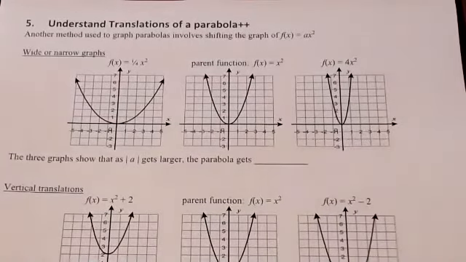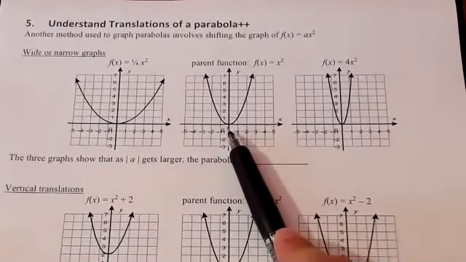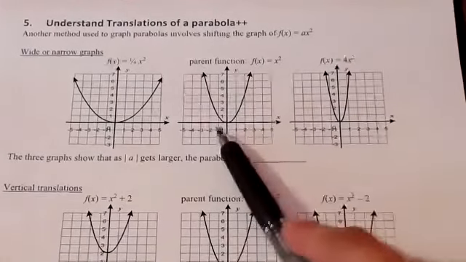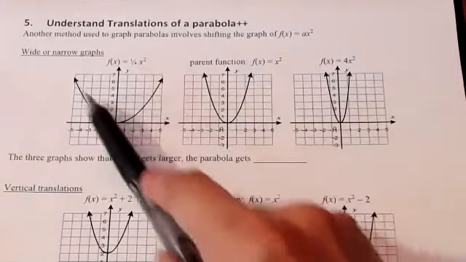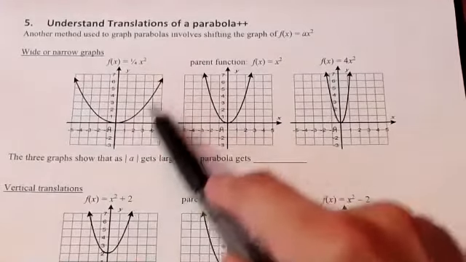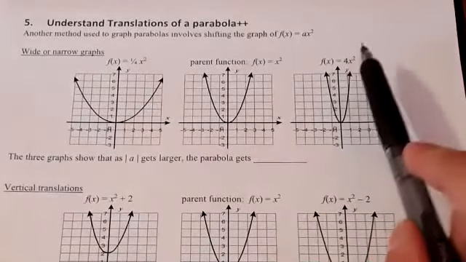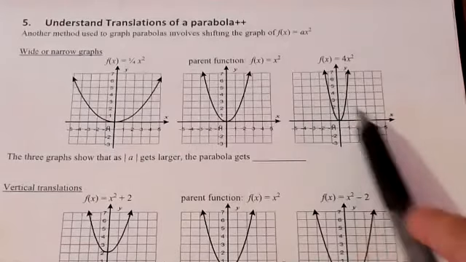This last piece is just to show you what translating a parabola looks like, what the shifts look like. So for instance, here's our parent function, f of x equals x squared. This is what your x squared function, your parabola, will look like. Now notice that if my coefficient, for instance, were a fourth, look at how wide my parabola becomes. And when my a is 4, look at how narrow my parabola becomes.